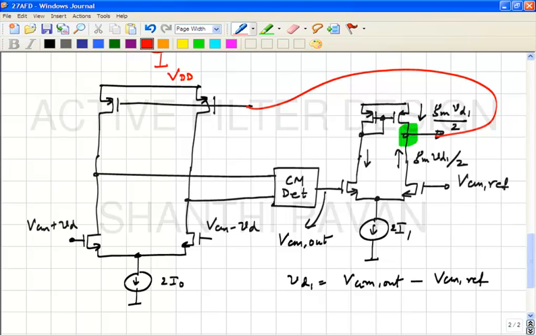So let's just quickly understand the negative feedback loop operation. If this goes up for some reason, then what happens to this? It goes up by the same amount. If this goes up, what happens to this voltage? This must go up. Okay, and why was this going up in the first place?